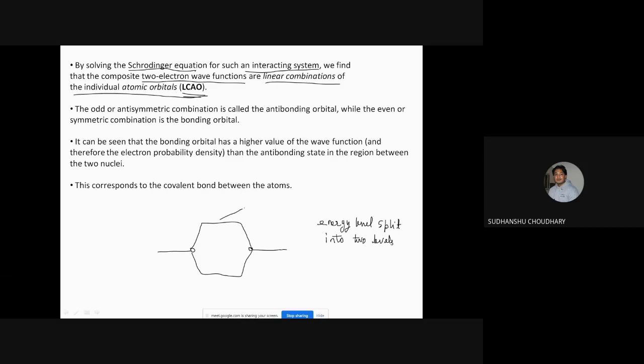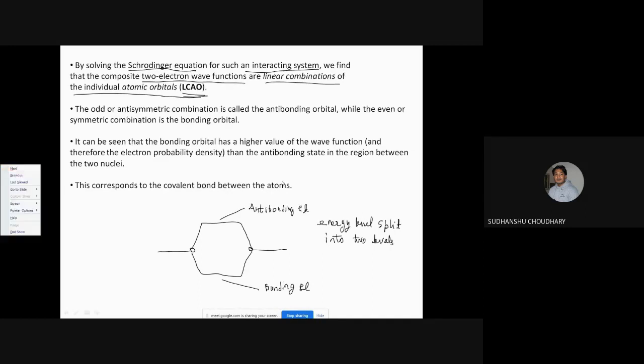So this is one energy level, which is called the anti-bonding energy level. I'll write EL for energy level. So anti-bonding energy level, and the other level which is formed is called the bonding energy level.